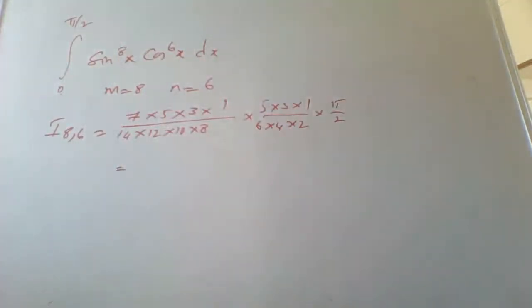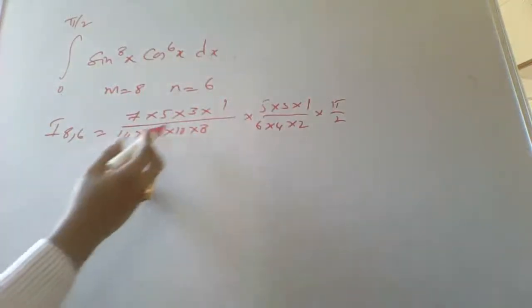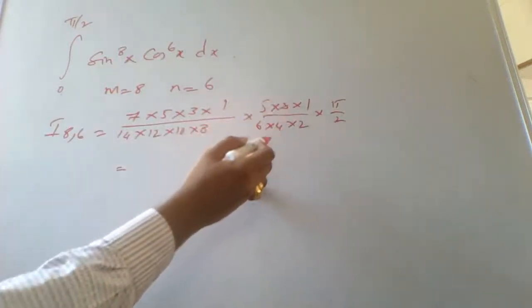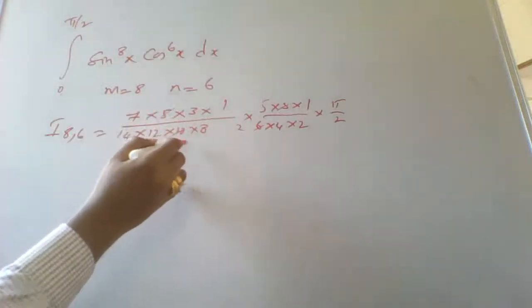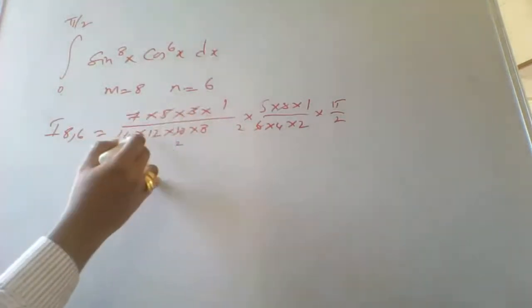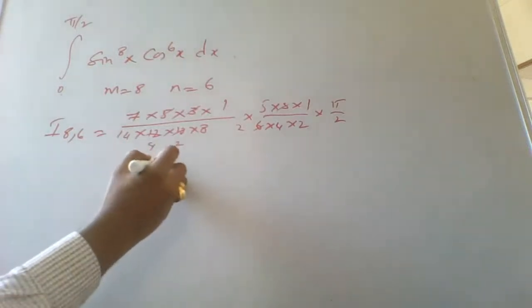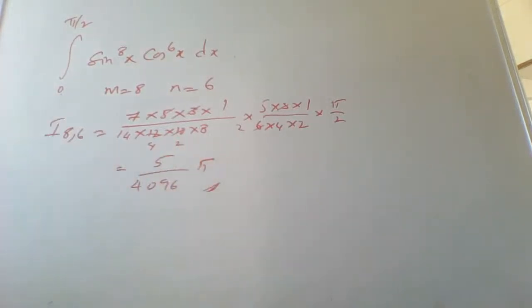If you look at this, you have cancelling terms here, right? You can cancel these 3, twice, this twice here, and this 3 again, this 4 times, and try to get the final result, which is 5 pi divided by 4096. So that will be the solution.